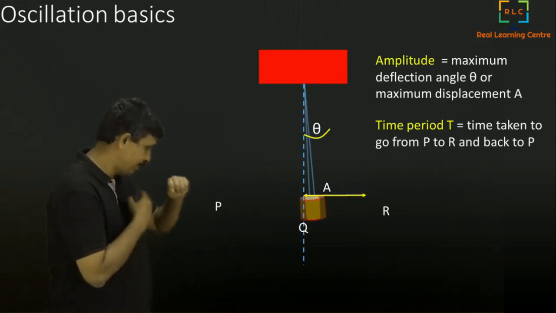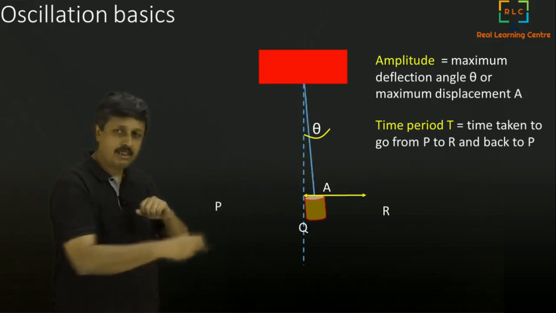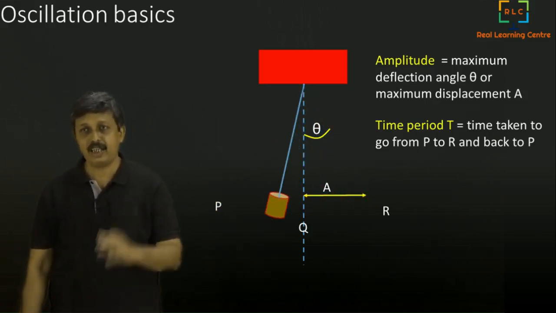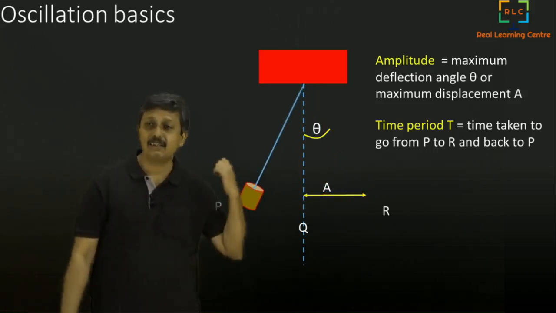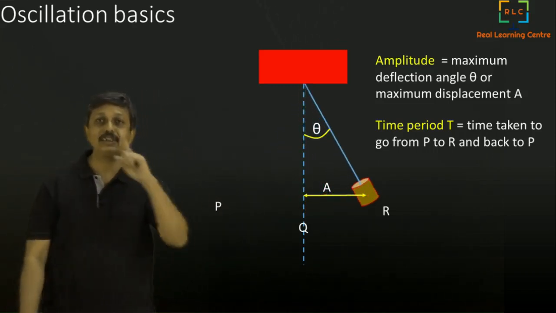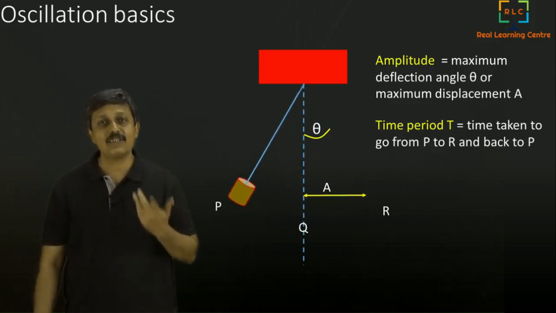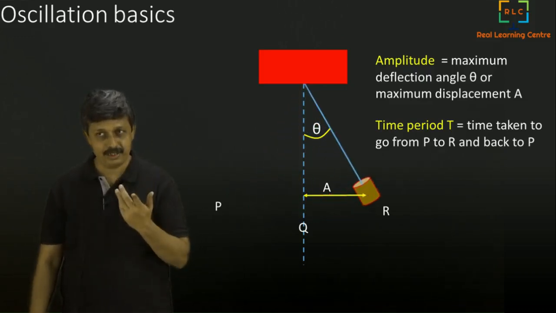Instead, I will measure 20 oscillations and later divide by 20, so I can calculate per oscillation. Going and coming back is one cycle. For one cycle, whatever time it takes, we call it the time period.